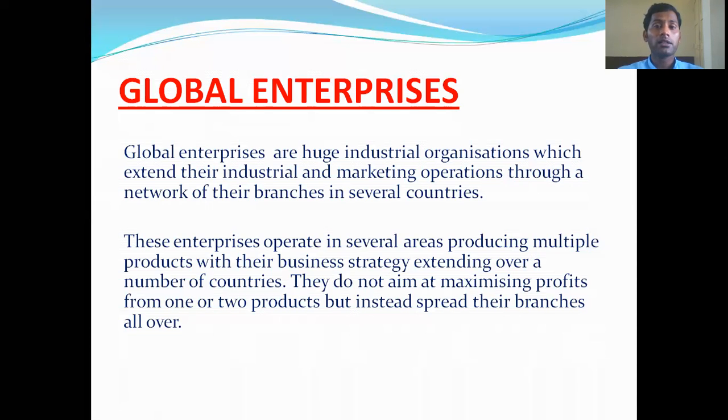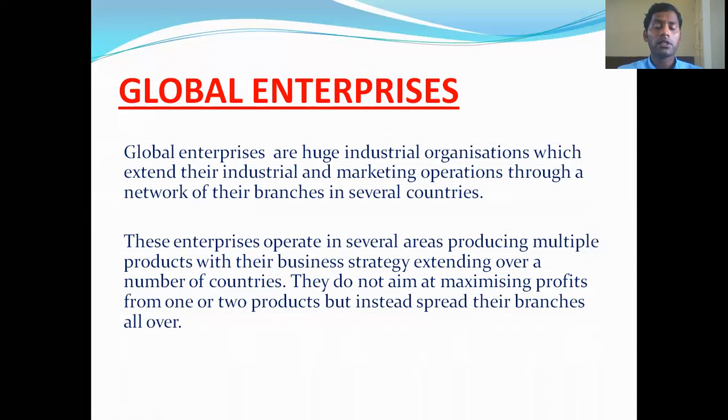They are not restricted to one country or a single product. They are not restricted to mobiles or laptops. They are in the business of several products, and that made them global giants.